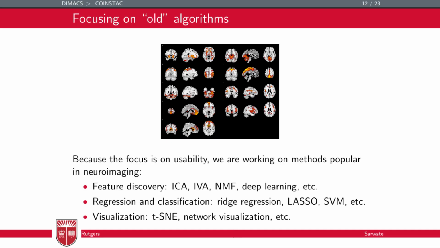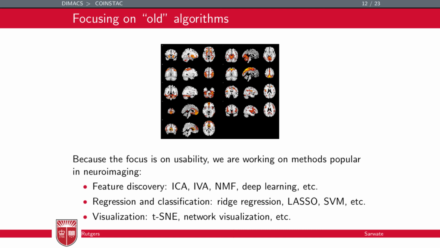Because we're trying to focus on the usability for this particular research community, we are basically not doing a lot of innovation in the methods department, because we want to show them that they can use the methods that they want to use. In particular, things like independent component analysis or independent vector analysis or non-negative matrix factorization. Of course, everybody wants to do deep learning, so we're going to have to do some deep learning. You're not doing machine learning if you're not doing deep learning now. So things like regression and classification.